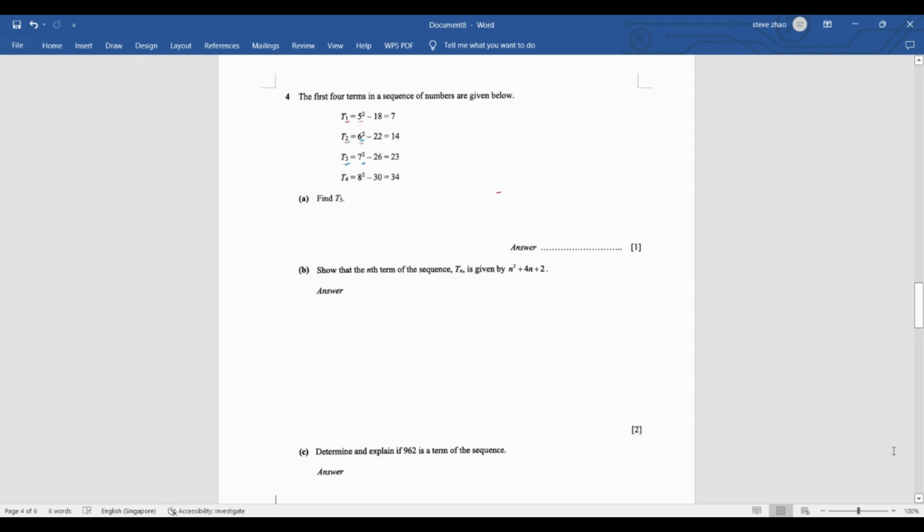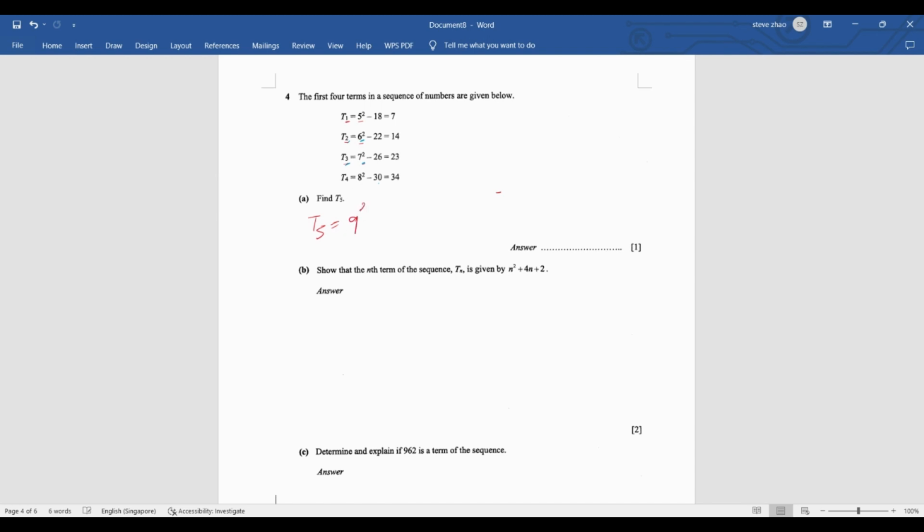Okay, let's continue. If you look at this question, you can see that actually the setter has broken it up for you. So they are very kind here. So just start off first. You don't need to find the Tn immediately. Just find T5. The next progression, T5, from the number in front actually increases by just 1.